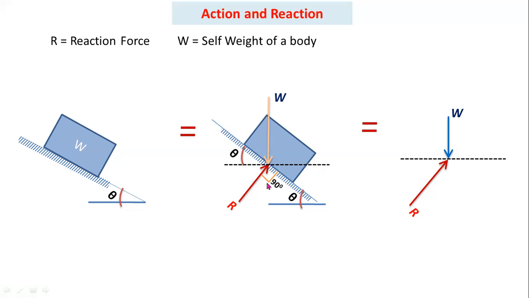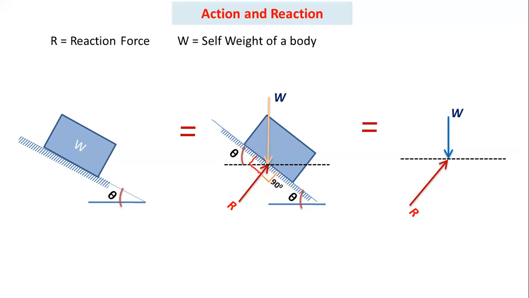Now already we know that the total angle between this inclined plane and the reaction force is 90 degrees plus 90. From this side you can observe 90 degrees, and from this side it also makes an angle of 90 degrees.